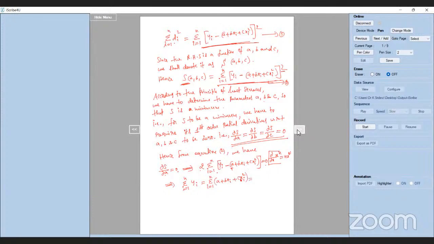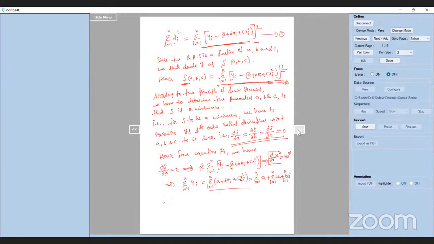This is also equal to summation i equal to 1 to n a plus summation i equal to 1 to n bxi plus summation i equal to 1 to n cxi square. We can simplify this one.